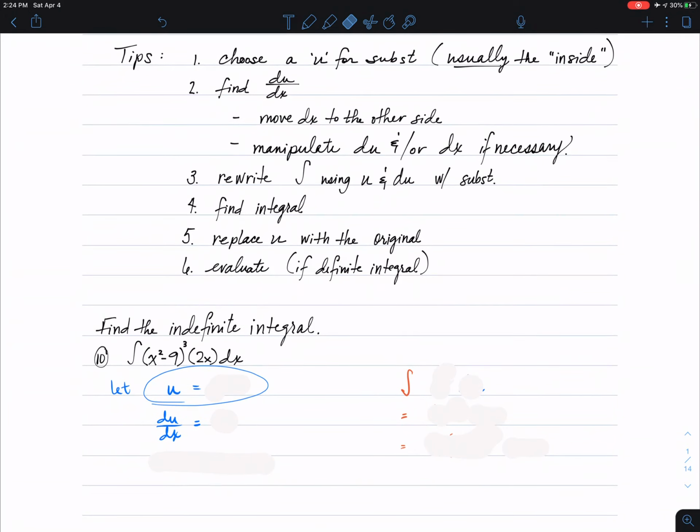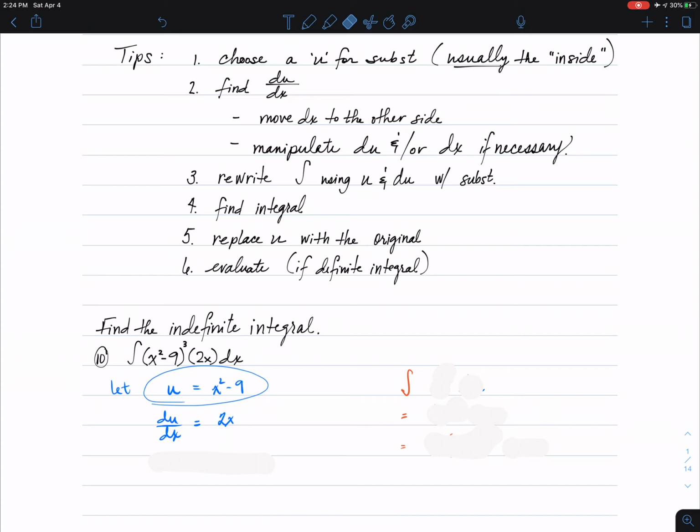You'll notice that we have an integral, and there is no such thing as the product rule for our integrals, so we have to do something that we haven't been able to do before. So like I said, for step number 1, we want to choose a value of u, and that's usually going to be on the inside. So I'm going to choose my u to be x squared minus 9. Step number 2, find the derivative of that.